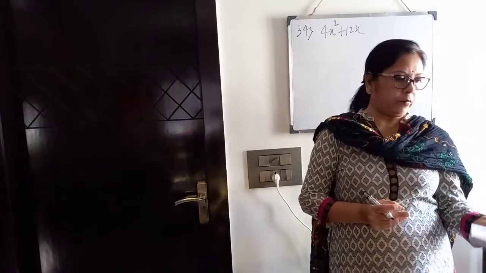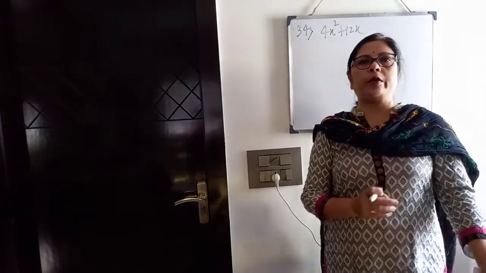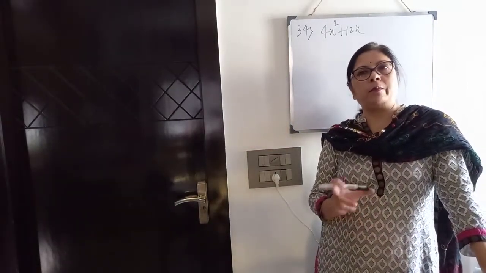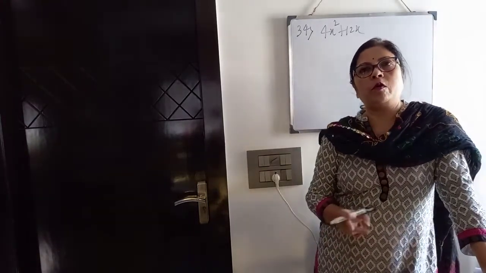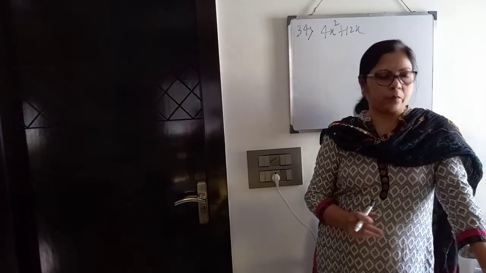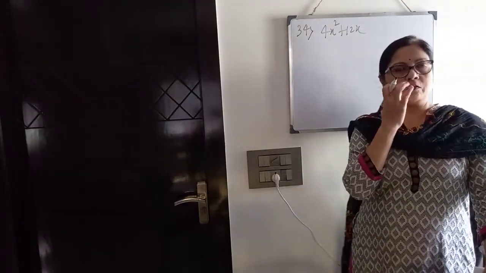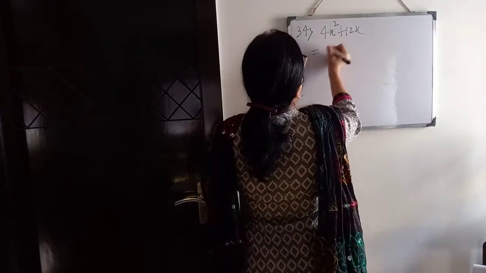So for perfect square, the formula is a square plus 2ab plus b square or a square minus 2ab plus b square. So it will be either (a plus b) whole square form or (a minus b) whole square. Now you are saying here that 4x square plus 12x. So one term is missing. We have to find out how it is in that form.